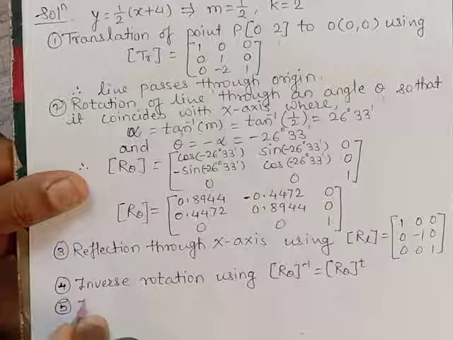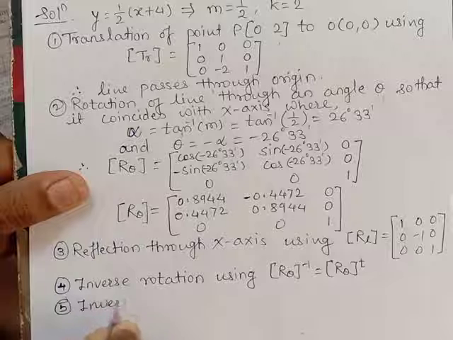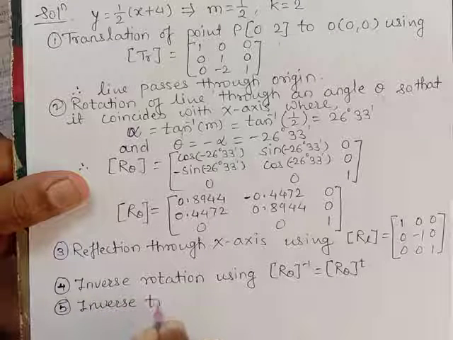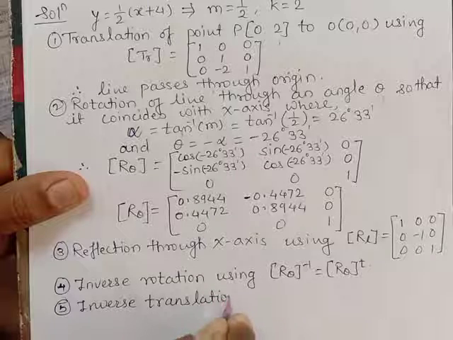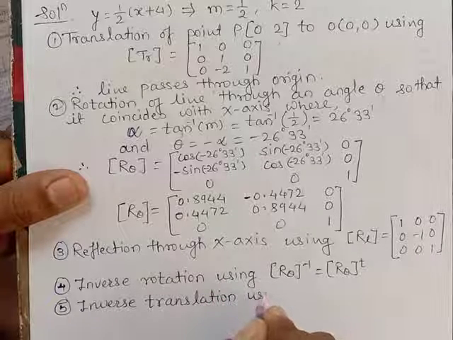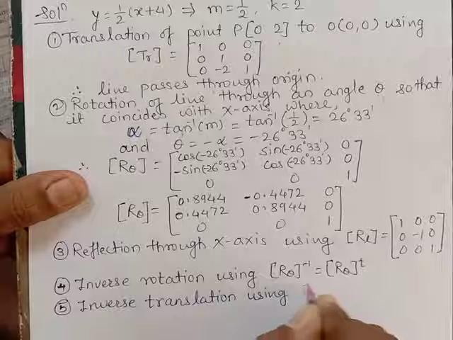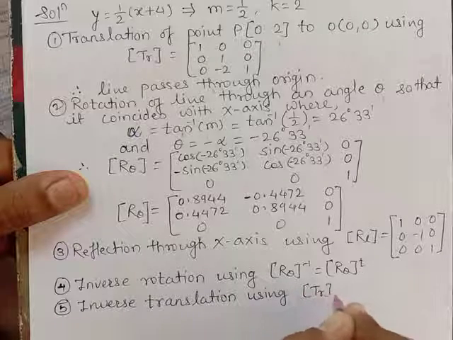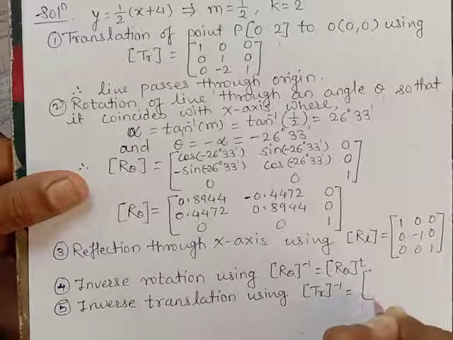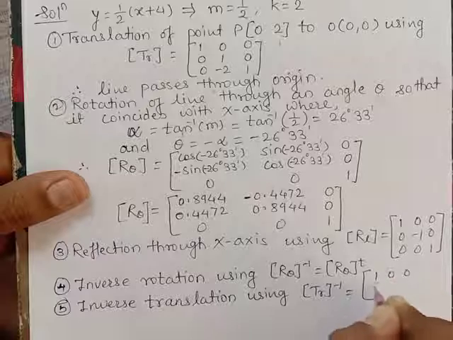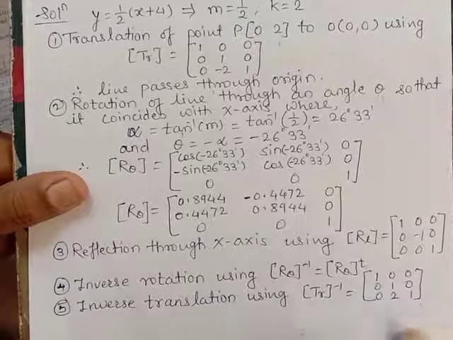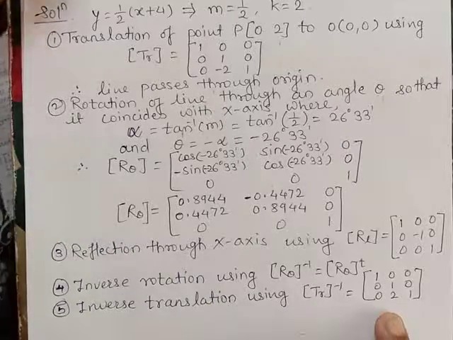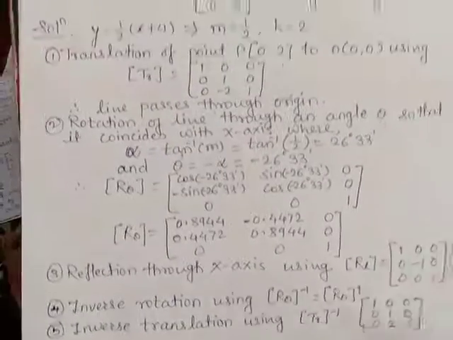Fifth, inverse translation using TR inverse, that will be 1 0 0, 0 1 0, 0 2 1. Inverse translation matrix.